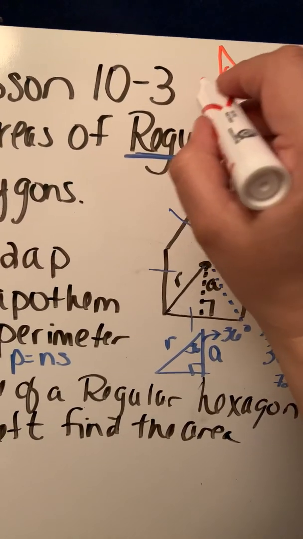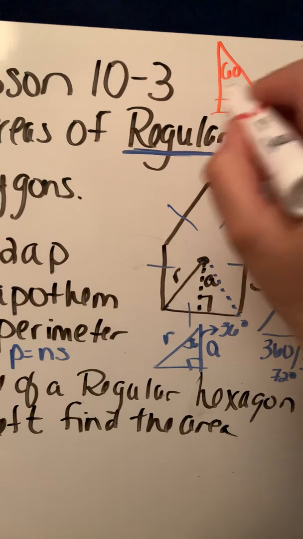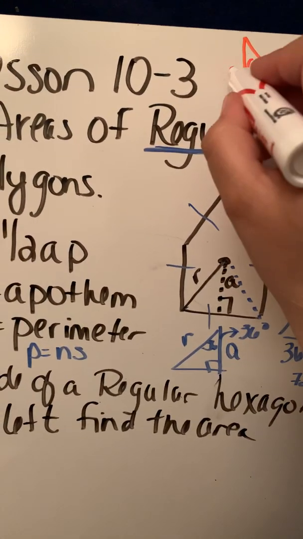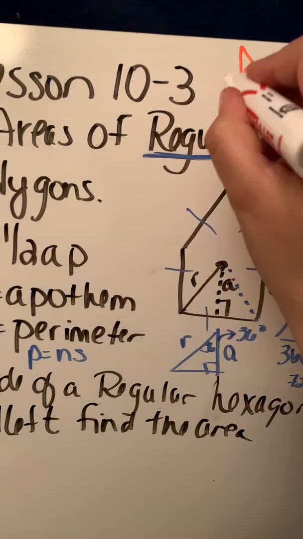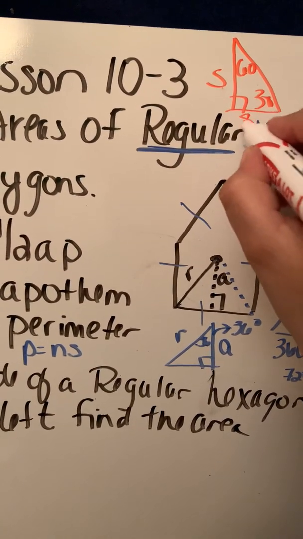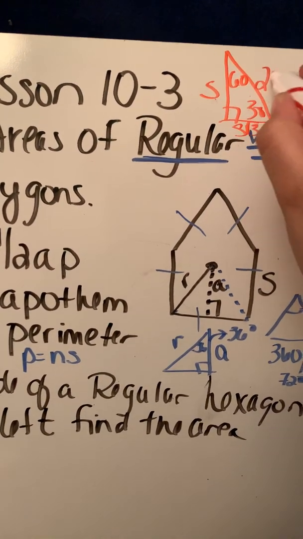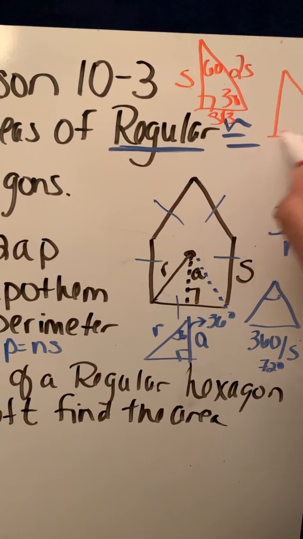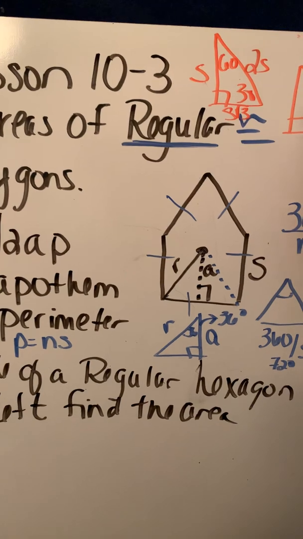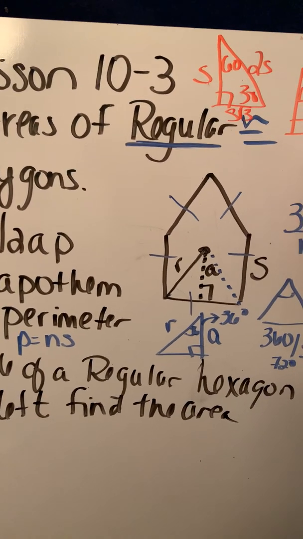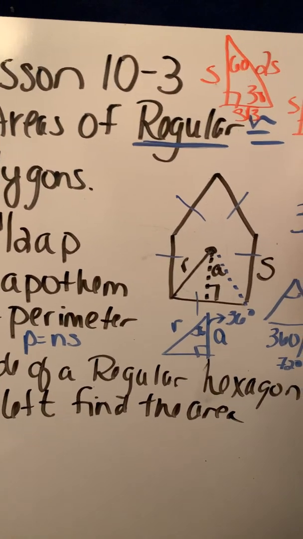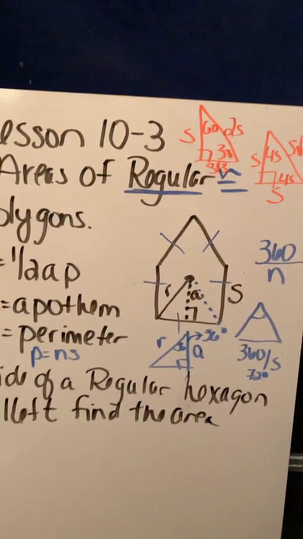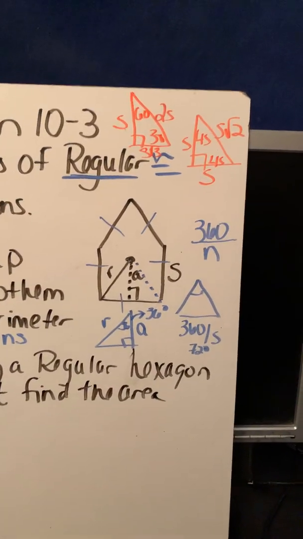Remember, next to the 60 is S. Next to the 30, S root 3, 2S. And then the 45, 45, 90. Remember that this is 45, 45, S, S, S root 2.